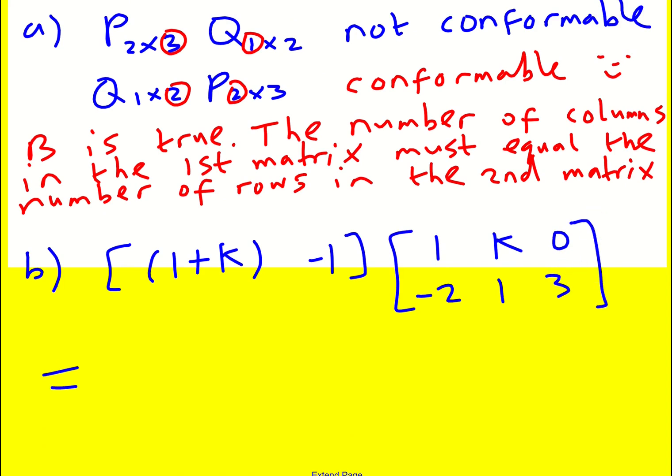So what we do now is we take this first element and we times it by the 1. I kind of imagine, like, I go this one times this one, which would give me 1 plus K. And by the way, remember, I'm going to get a 1 by 3 matrix at the end. So we know that this is what you're left with, 1 and 3. So that times that, which gives 1 plus K. And then after that, you go along and down. So it's minus 1 times minus 2. So I'm going to add 2. That's my first element.